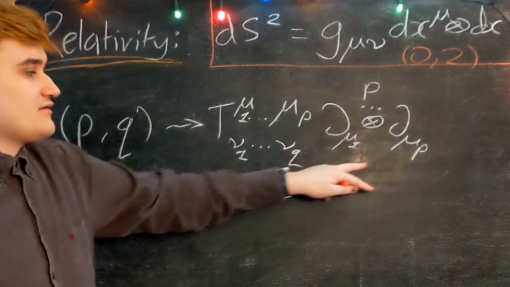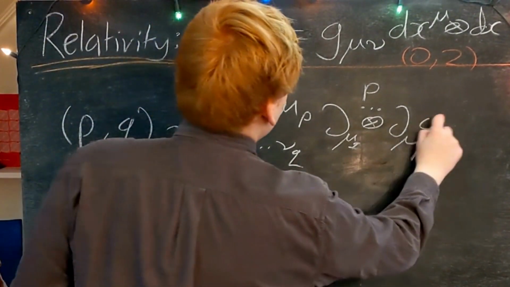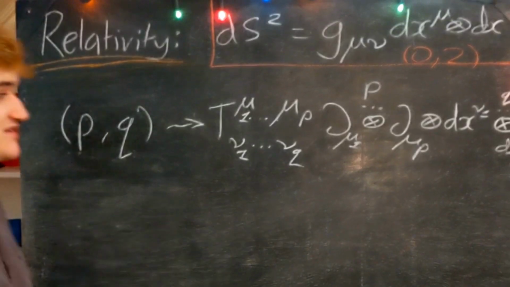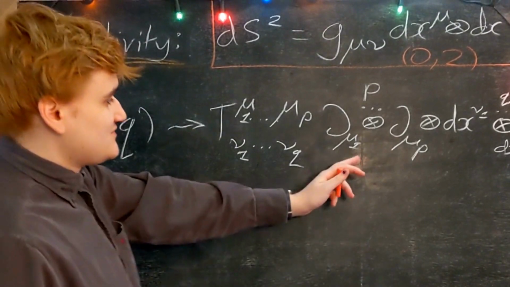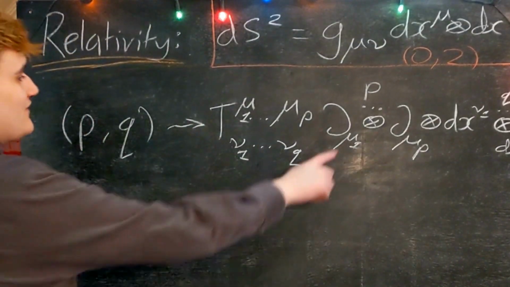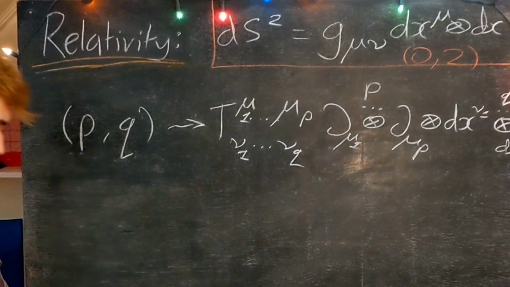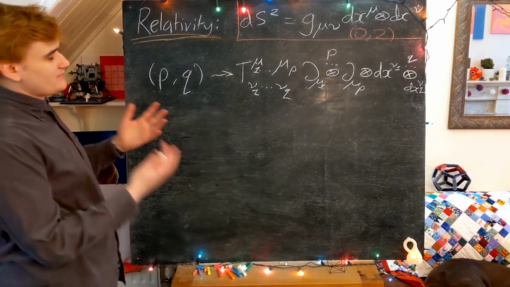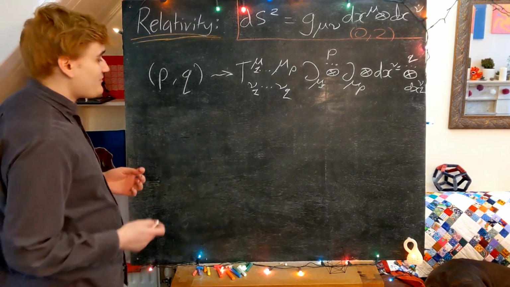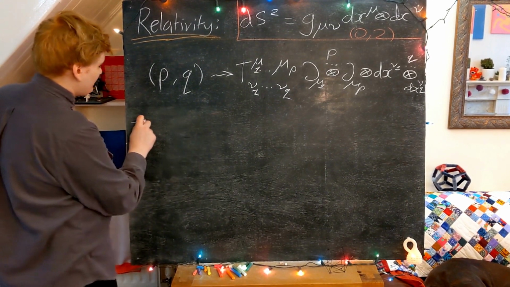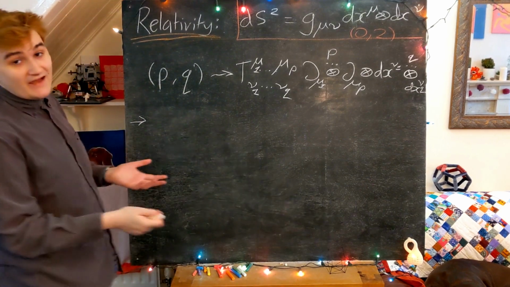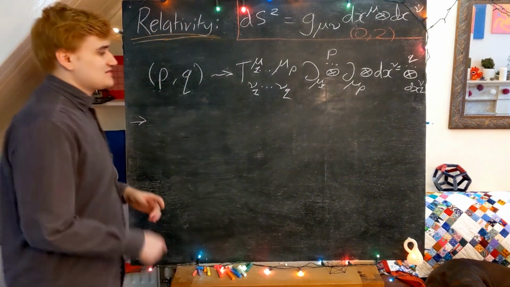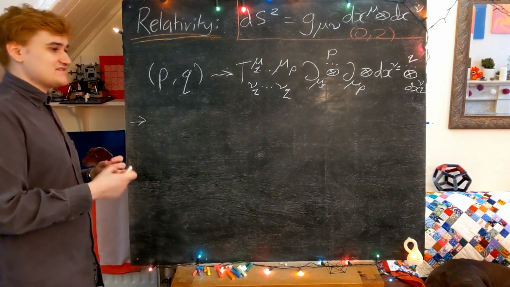So these are the vector parts of the tensor, and then we have the one-form parts of the tensor, which are all strung together using this tensor product symbol. Now this is one way of expressing the tensor. It is a bit unclear as to what's really happening. A notation which I much prefer is this angled bracket notation, which emphasizes that this object dx mu is something which is waiting for an input.